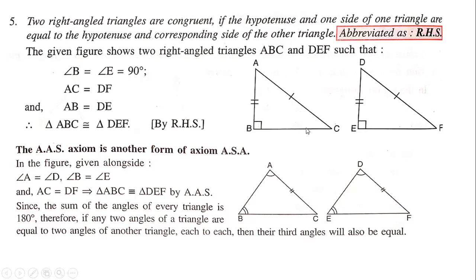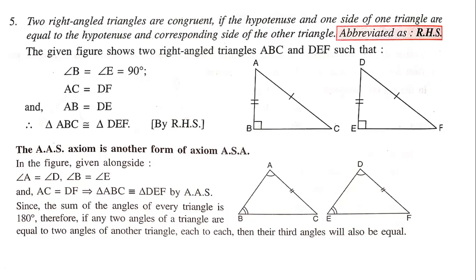If you have triangles ABC and DEF, having angle B and angle E 90 degrees, then you can apply RHS if hypotenuse and any of the other sides are the same between these two triangles. So we can say that these two triangles are congruent by using RHS.